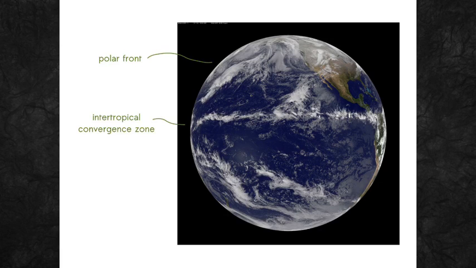So in our summer, when the convergence zone moves into the northern hemisphere, that's going to be the rainy season for the northern hemisphere tropics, for Central America, for the northern hemisphere parts of Africa. On the other hand, when that moves into the southern hemisphere, then it's going to be rainy season in the southern hemisphere. So this guy's going to move north and south, and the rainy season goes along with it.